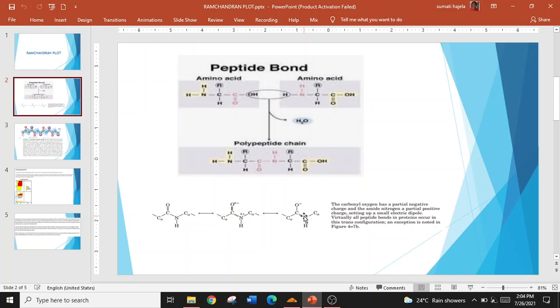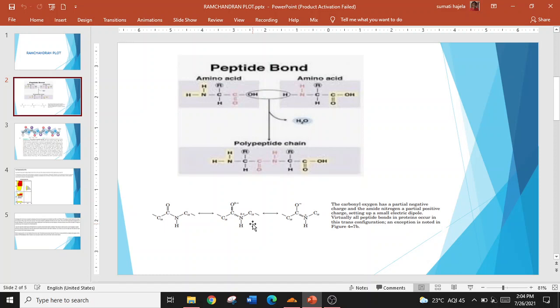C-N bonds make up one third of all bonds in the backbone of polypeptides. Now these bonds are present in the backbone of the polypeptide.